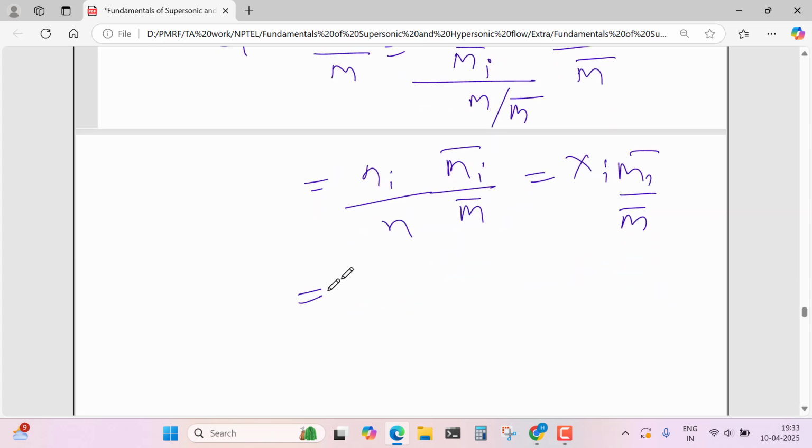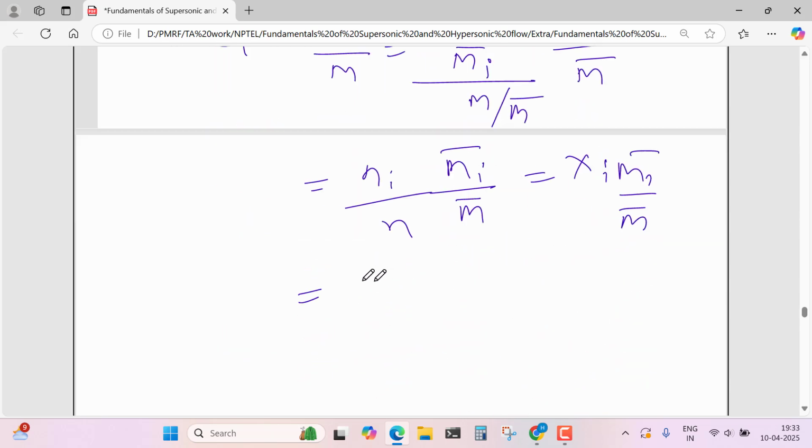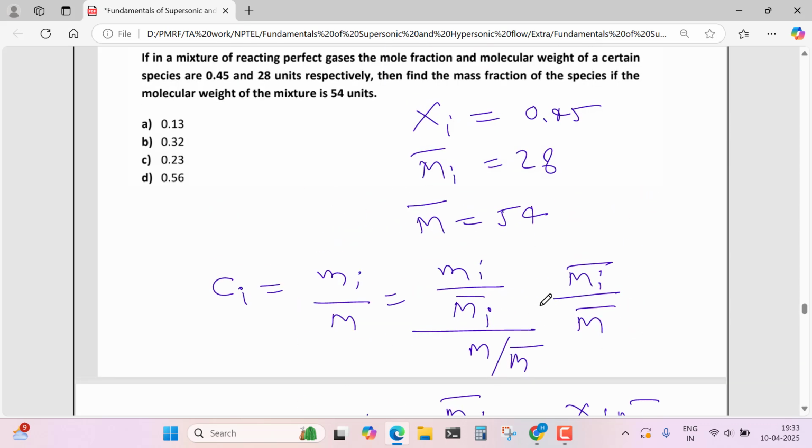x_i is what? 0.45, m_i bar is 28 and m bar is 54.